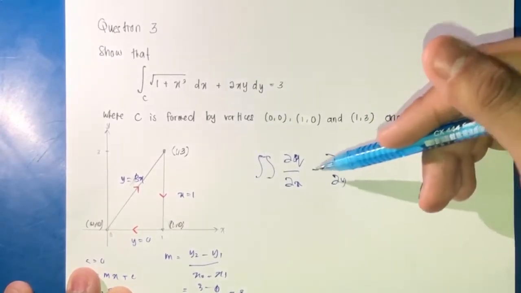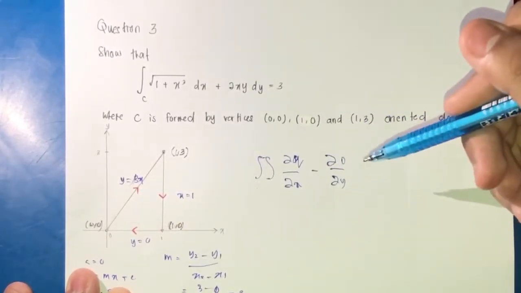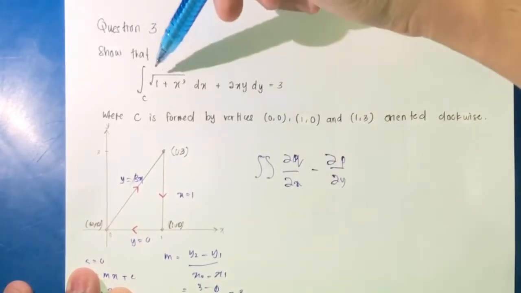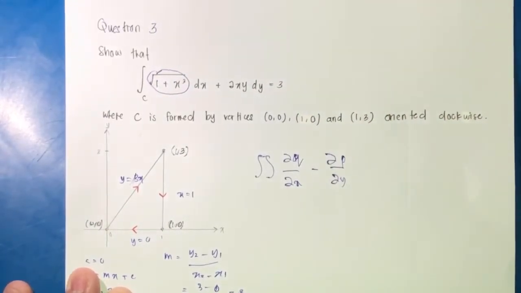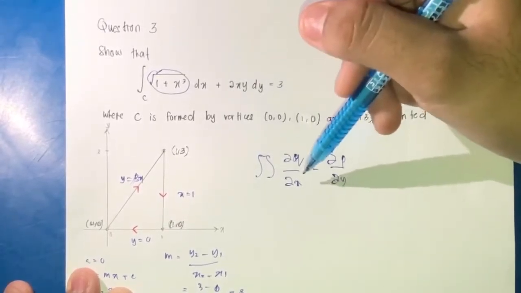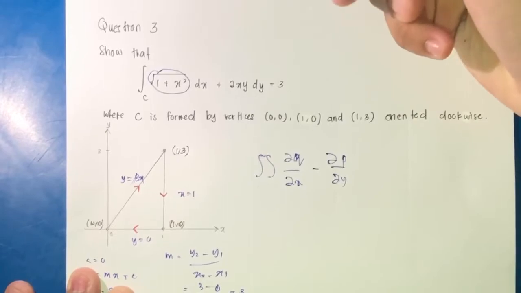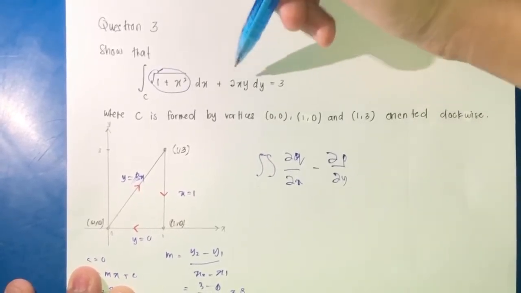From here, we need to find p and q first, where our p is this one, because it is dx, and our q, for dy, is 2xy.